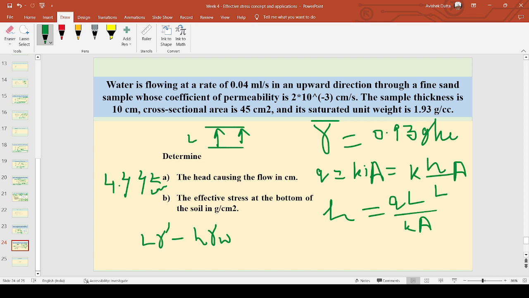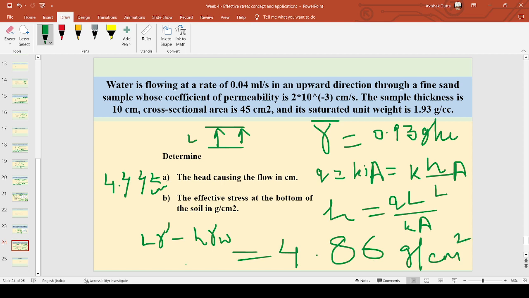Now the value of L is 10 centimeter. Gamma submerged is 0.93, so it is 9.3, the value of the downward force, minus the head causing the flow into gamma W, which is 1 gram per cc, that is 4.44. We get a value of the effective stress as 4.86 gram per centimeter square.